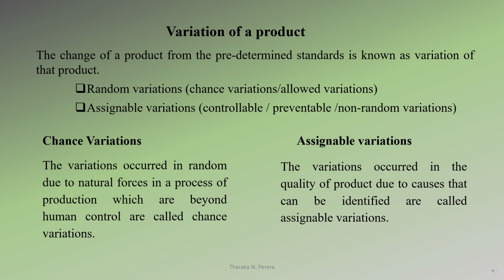Those are some of the causes that may lead to assignable variations. Assignable causes are not independent from one another, and definitely those can be eliminated. So it can assign an economical value for assignable variation in the production process.